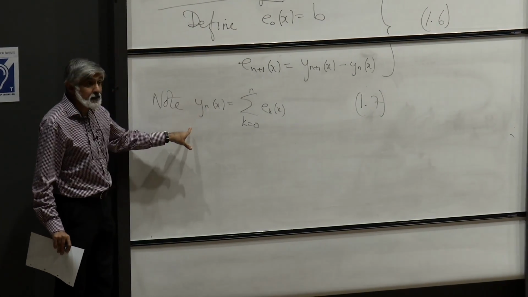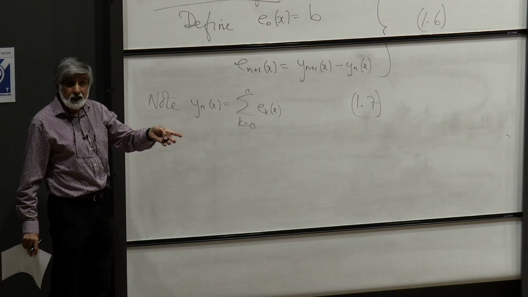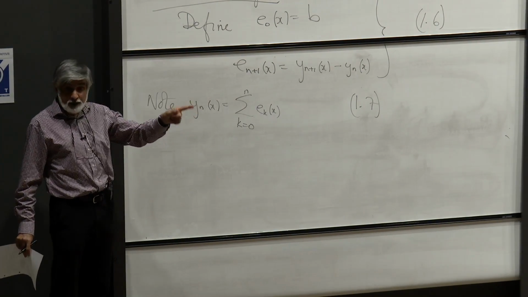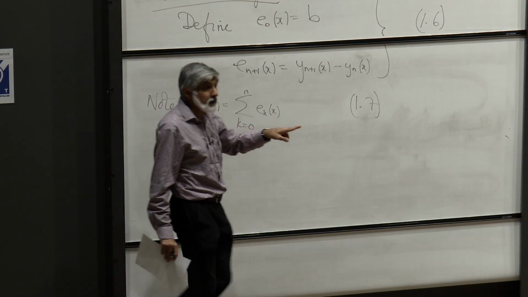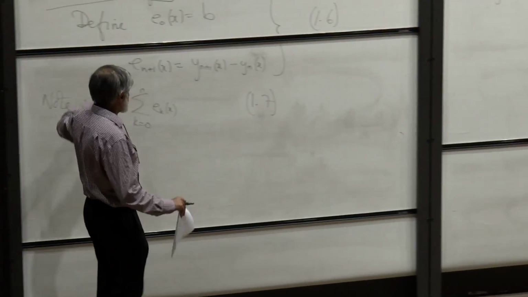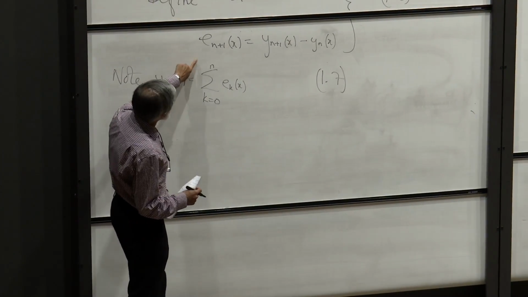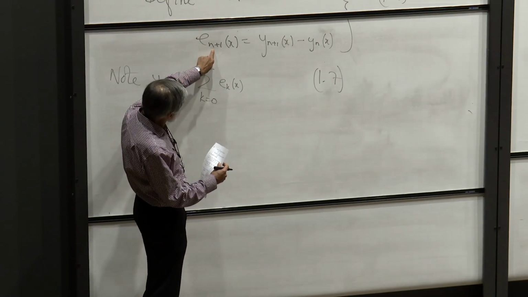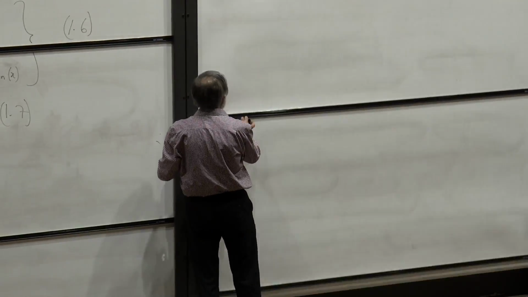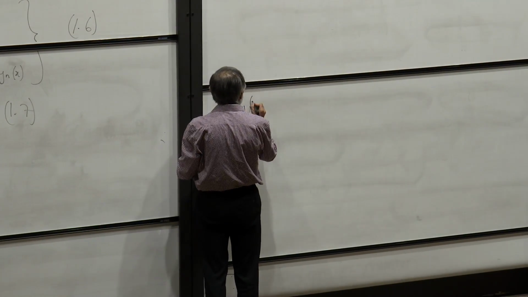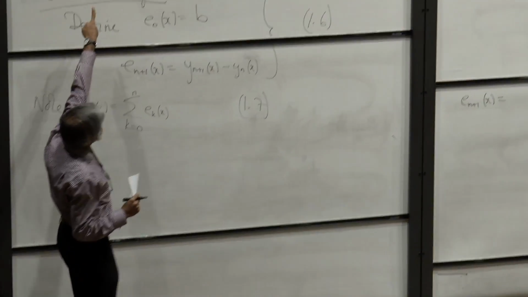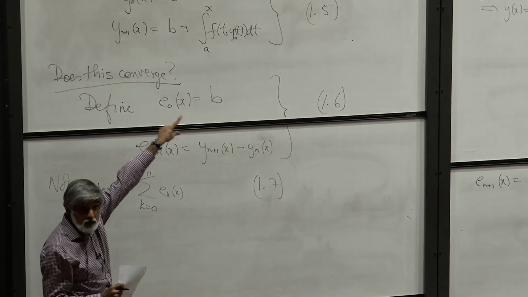And if you don't remember that, then that's the first thing you should be doing today, is look back on your notes, and by trying to answer questions 1 and 2 on problem sheet 1, those will show you what you need to know. So look those up. Okay? Right, so what we will do is we will write an equation for E_{n+1}. Well, E_{n+1} is y_{n+1} minus y_n. So the b's will cancel.